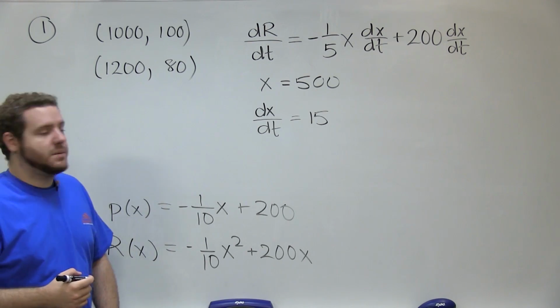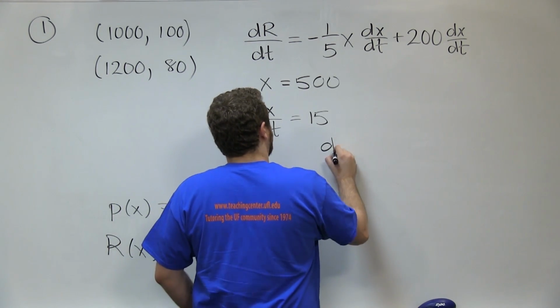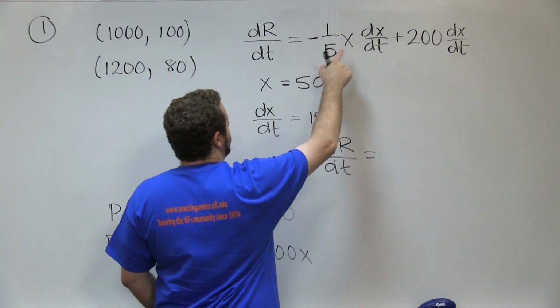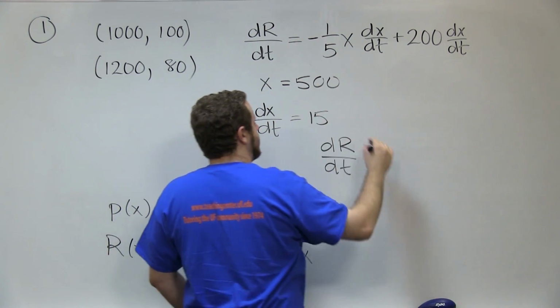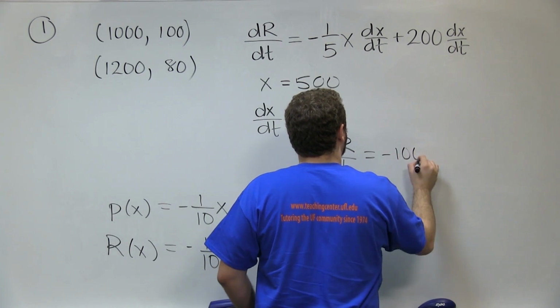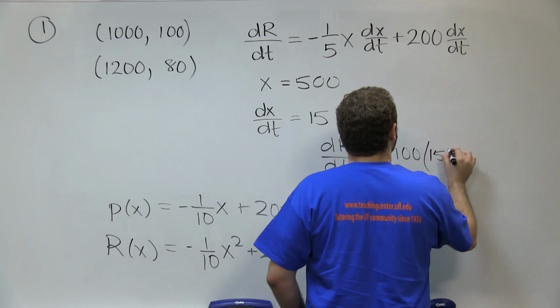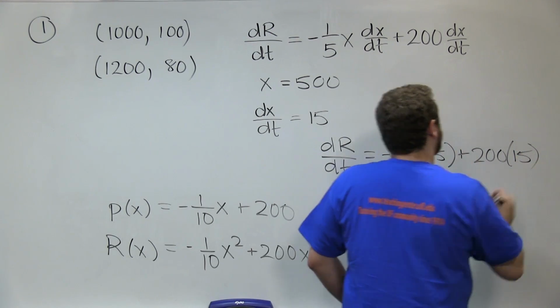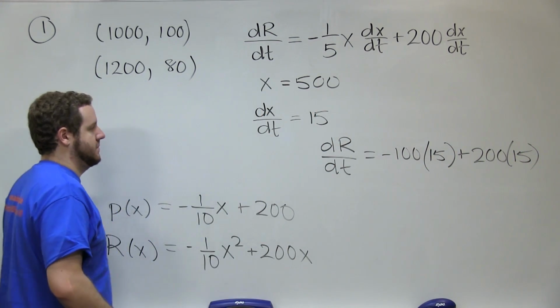So now we just plug those numbers in. So dr dt then is equal to negative 1/5 times 500, which is negative 100, times dx dt, which is 15, plus 200 times dx dt, which is also 15.